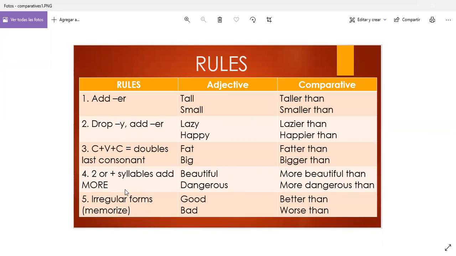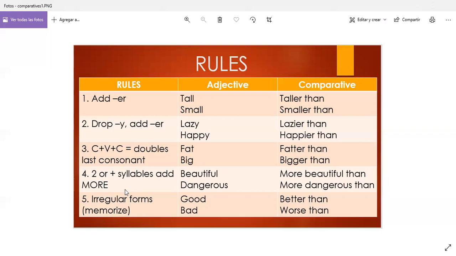Number two, we drop the letter Y and we add ER. This rule is for the adjectives that end with letter Y, such as lazy, happy. The comparative is lazier than and happier than.